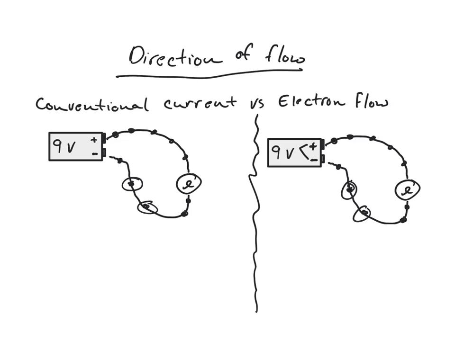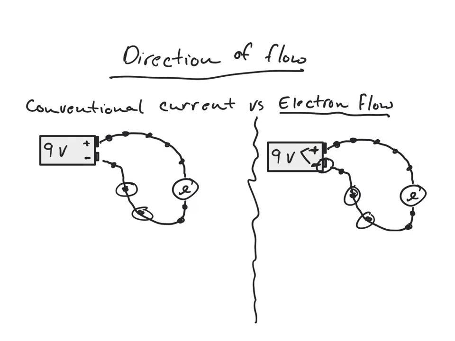The first thing we're going to discuss is electron flow. Since this side is more negative than the positive end of the terminal, the negative electrons are going to want to be pushed away from that negative terminal and towards the positive terminal of the battery. So it's pretty straightforward which way the electrons are flowing: away from the negative towards the positive.